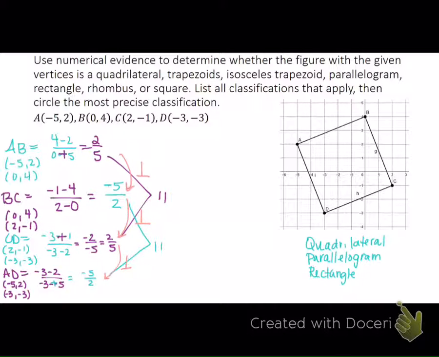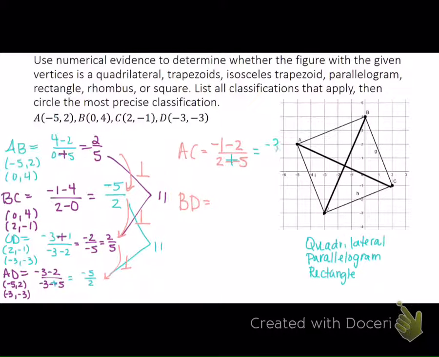How do we check if it's a rhombus, guys? The diagonals. So we find the slope of the diagonals. So that's negative 1 minus 2 over 2 minus negative 5.